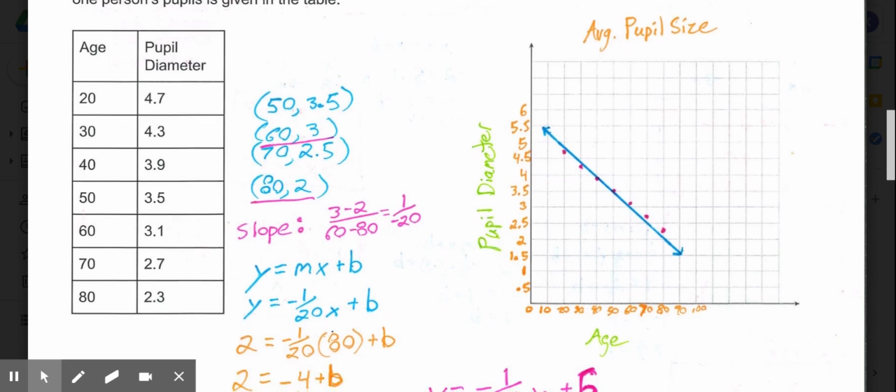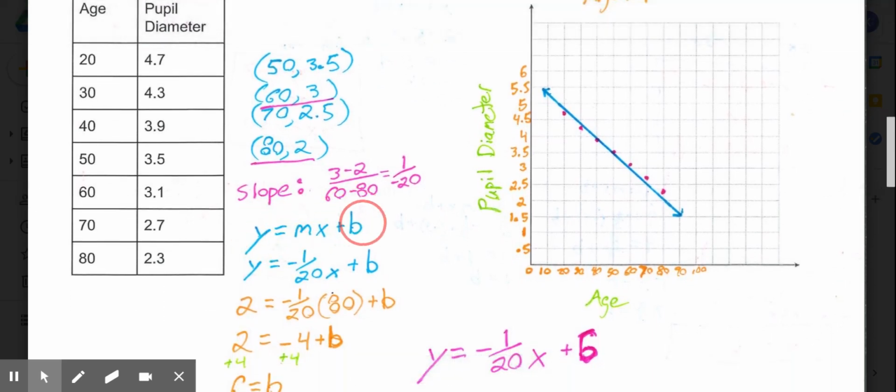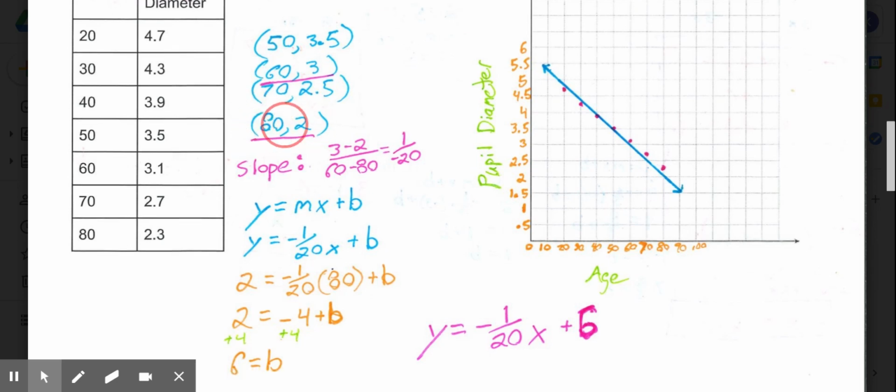Now that we have our slope, we want to set up y equals mx plus b, slope-intercept form, put in our slope for m, and then select one of these 2 points, either the (60, 3) or the (80, 2), to go in for x and y to solve for b. So I used the (80, 2).